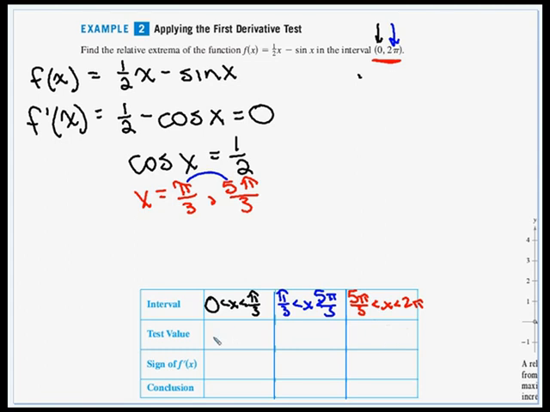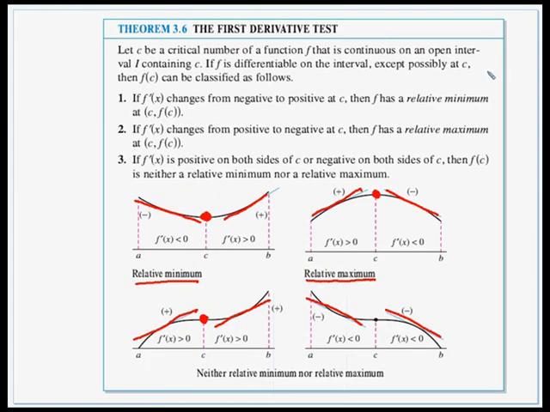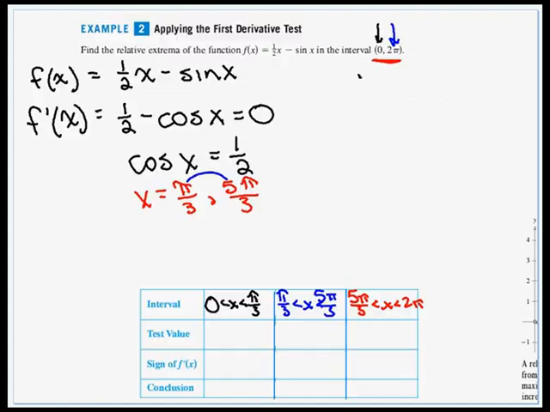Now we're going to pick a test value for each of these and see if we're increasing or decreasing. And then we're going to think back to the first derivative test and figure out if these critical numbers are maxes or mins. So for our first test value in this interval, I'm going to pick x as 1/4 pi.